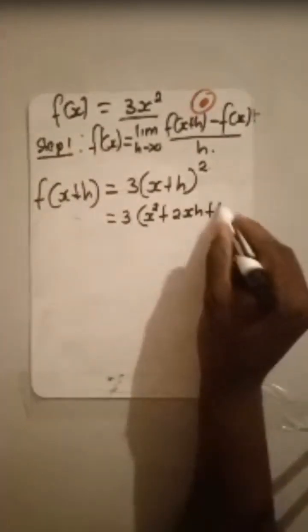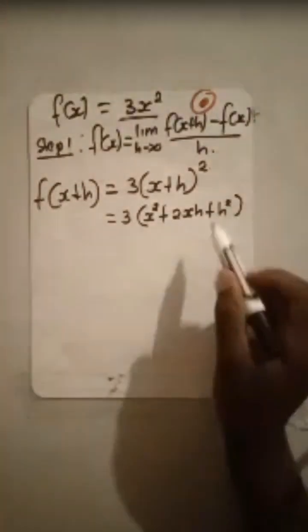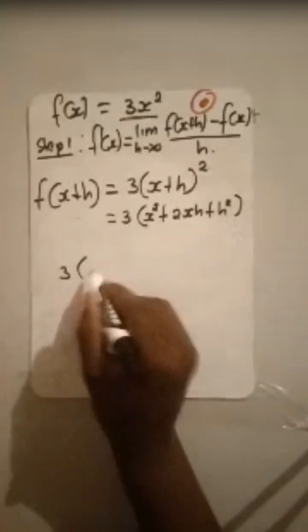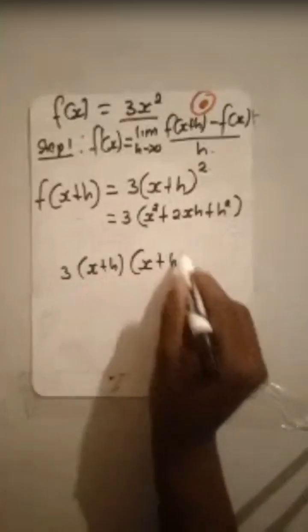Then square the last term, then you get h squared. However, if this method is difficult for you, you can still go 3, then in brackets x plus h, then x plus h.